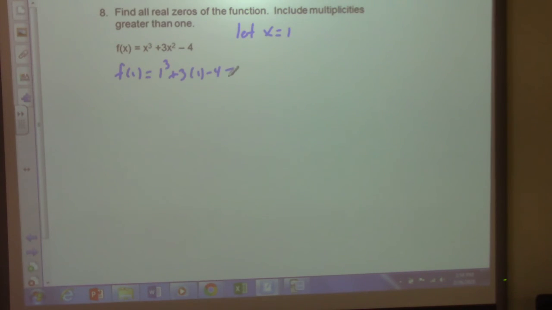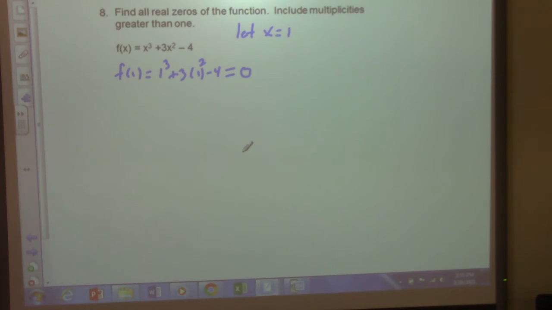Wait, isn't it supposed to be squared? 0. Yeah, this is squared here. But what's this going to be? 1 plus 3 minus 4 is 0. So this is called the use of the remainder theorem, because I plugged in 1 and got 0 as a remainder, right?